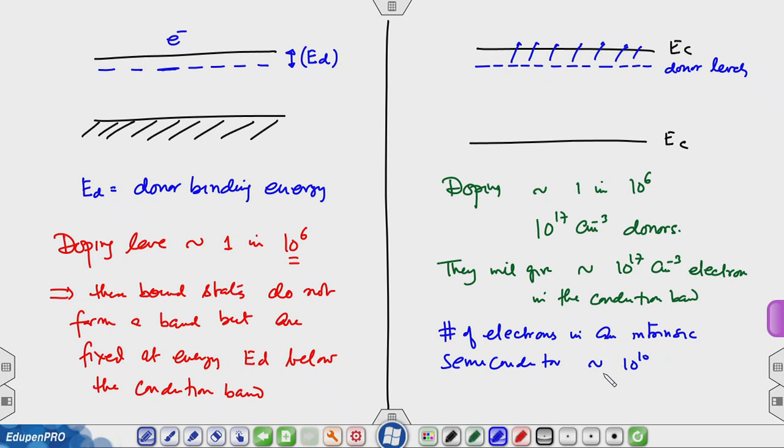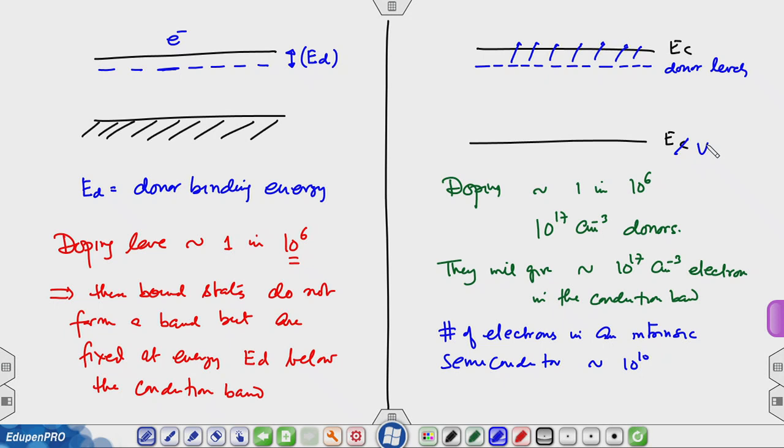So, orders of magnitude higher electrons are given by donor levels, and therefore, I can just ignore any electrons coming from the valence band. This is valence, and all the electrons are coming from donor level. This will also make sense when you do the energetics.